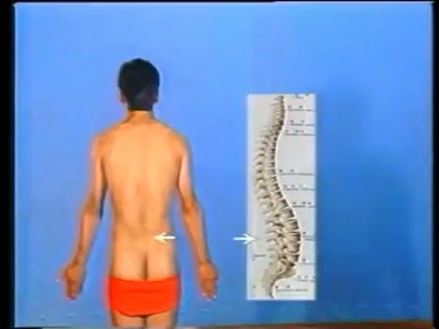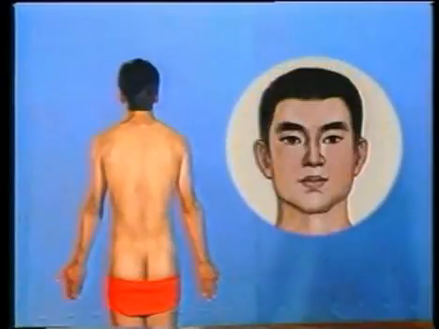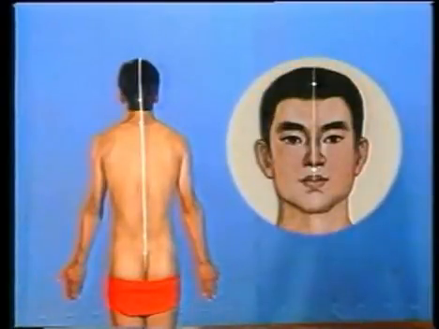There are altogether 28 points in the Du meridian, which are located on the posterior midline of the head, face, nape, back, lumbar, and sacral regions.